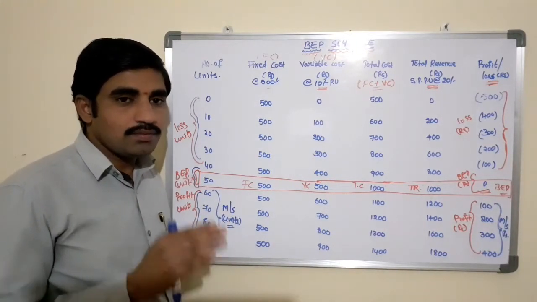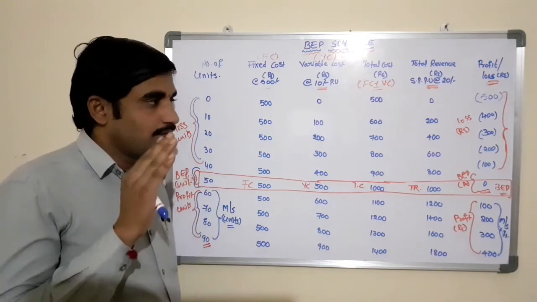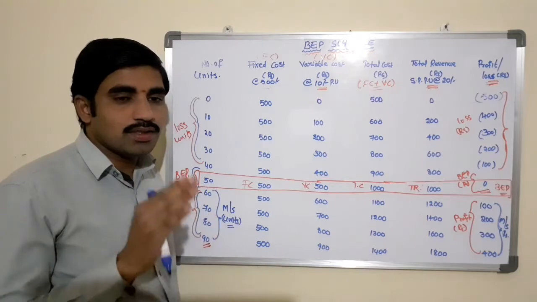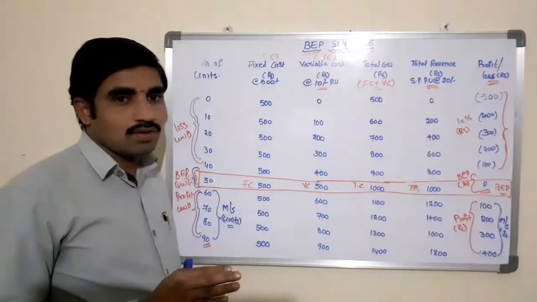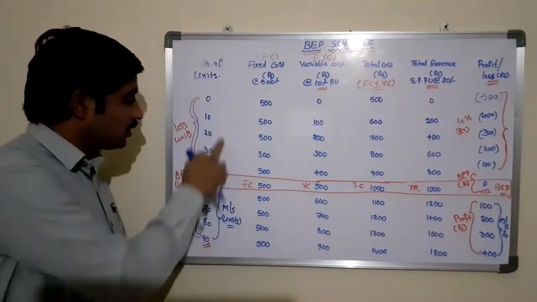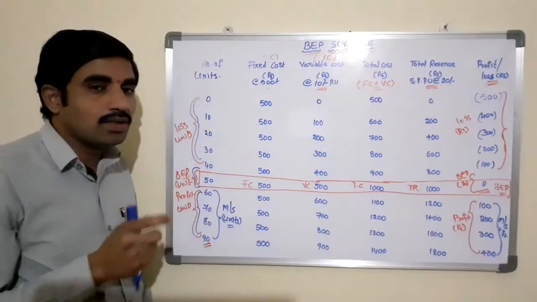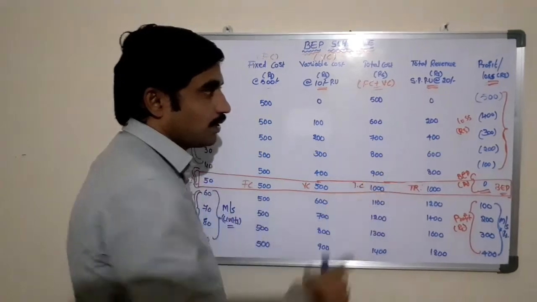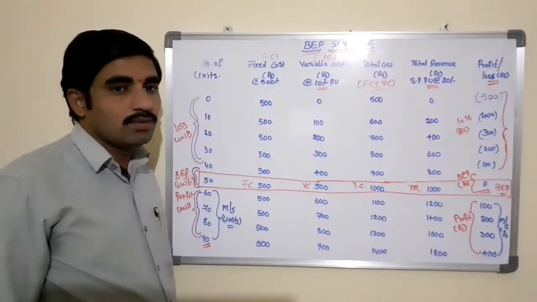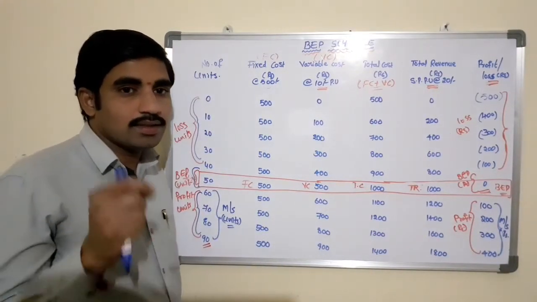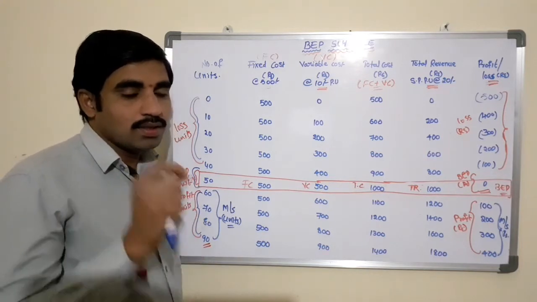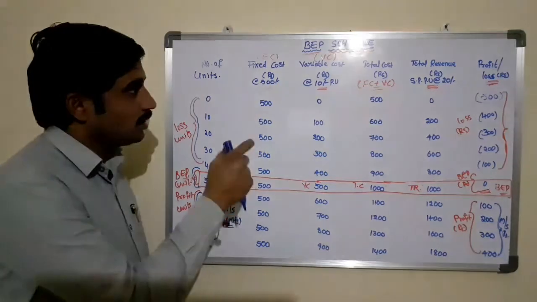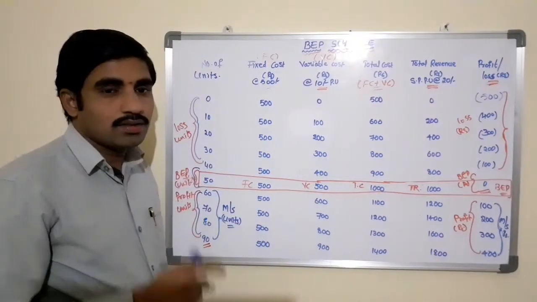Whatever units the business produces in that particular period must be sold in the market at the selling price per unit of 20. Only then is it possible to determine the exact break-even point, or the break-even point shows the exact results for the business. This is about the break-even point schedule.